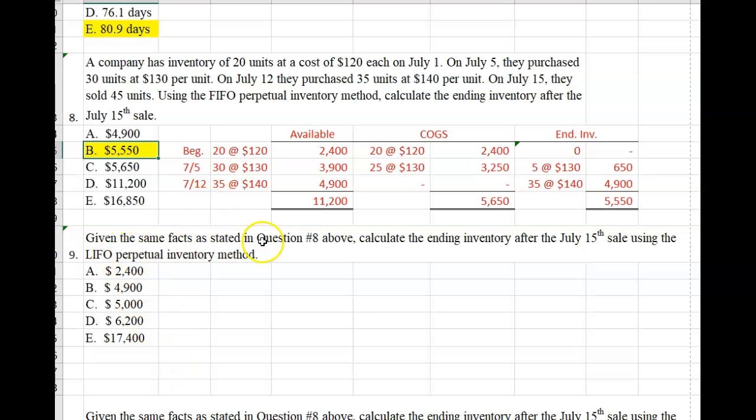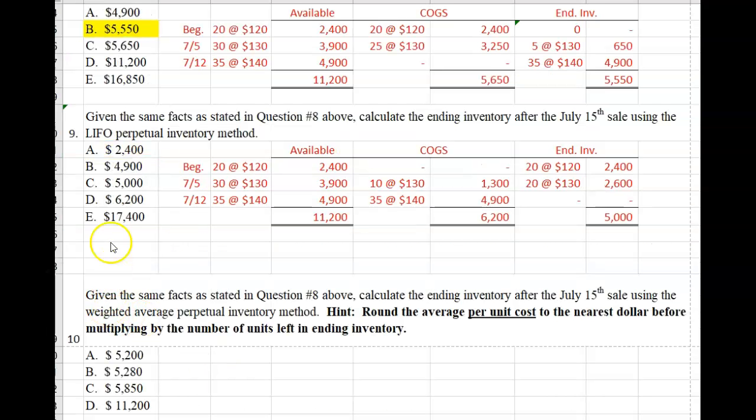Given the same facts as question number 8 above, calculate the ending inventory after the July 15th sale using the LIFO perpetual inventory method. I set this problem up in the exact same way I set up the previous problem.